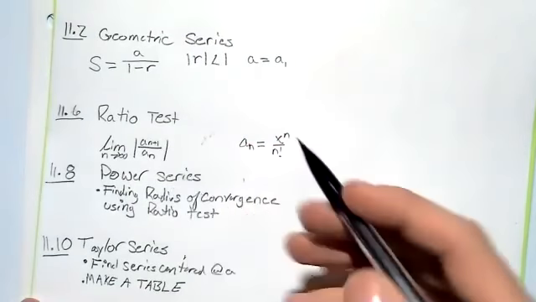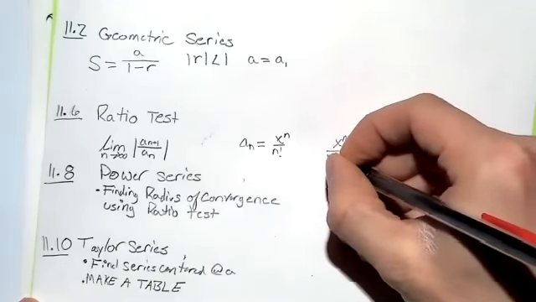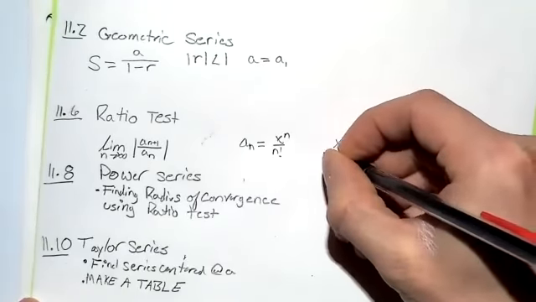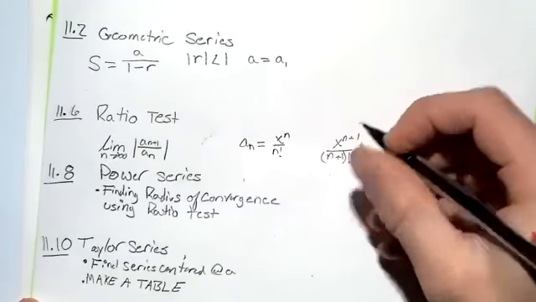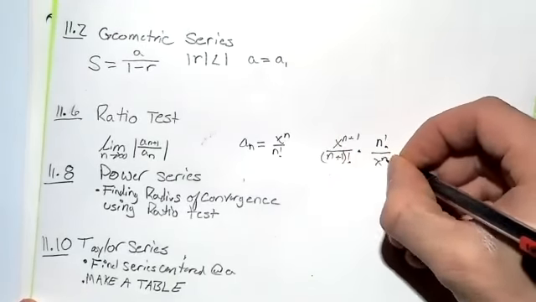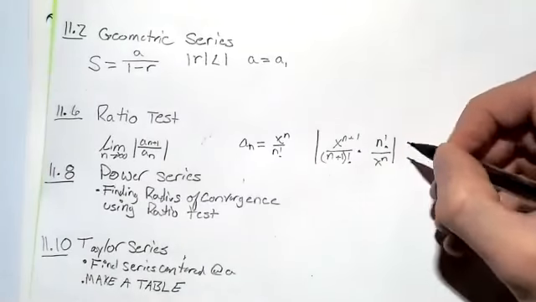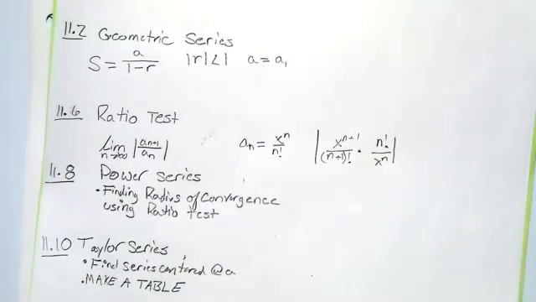If I plug it into this formula, we'll have x to the n plus 1 divided by n plus 1 factorial times n factorial over x to the n. And that would be absolute value. That's going to be a lot easier to write this way.